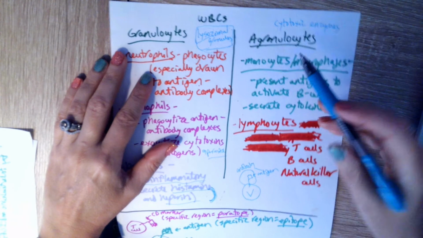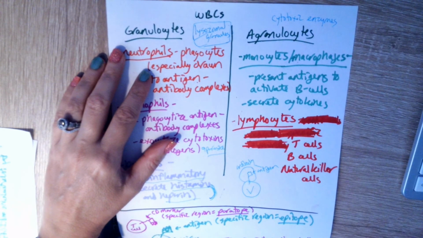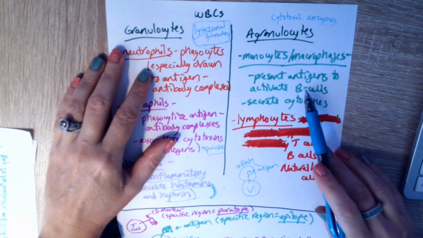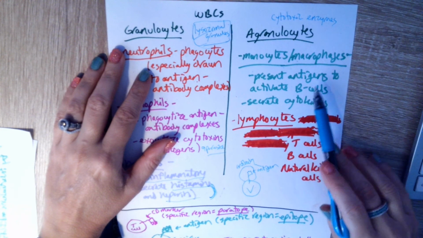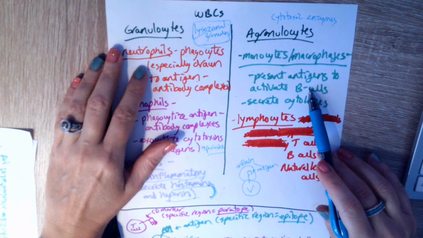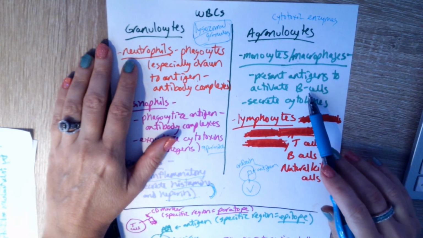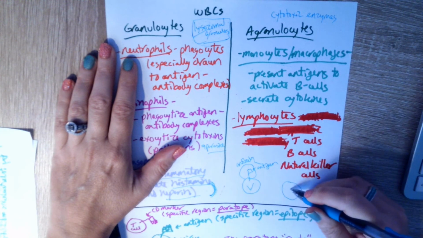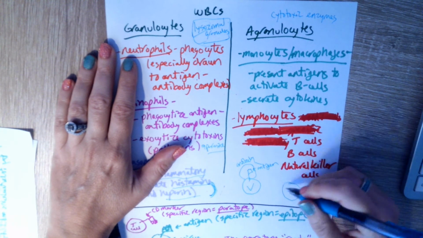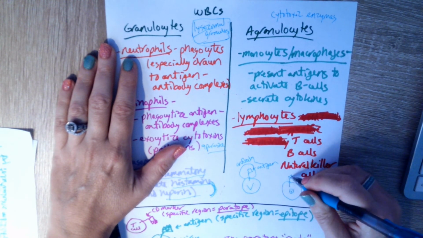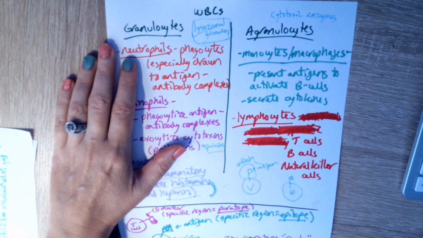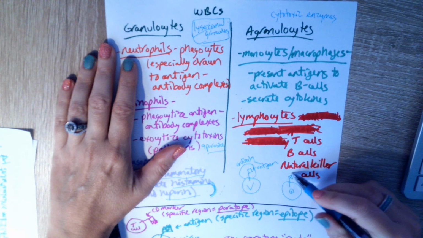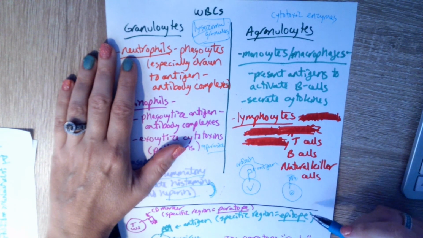Now for the agranulocytes, these include the monocytes and macrophages. These do something called antigen presentation. Antigen presentation is when a white blood cell phagocytizes a pathogen, it can essentially display that little viral antigen on its own self. And that helps to stimulate things like B cells, which we'll get into in the immunity lecture.